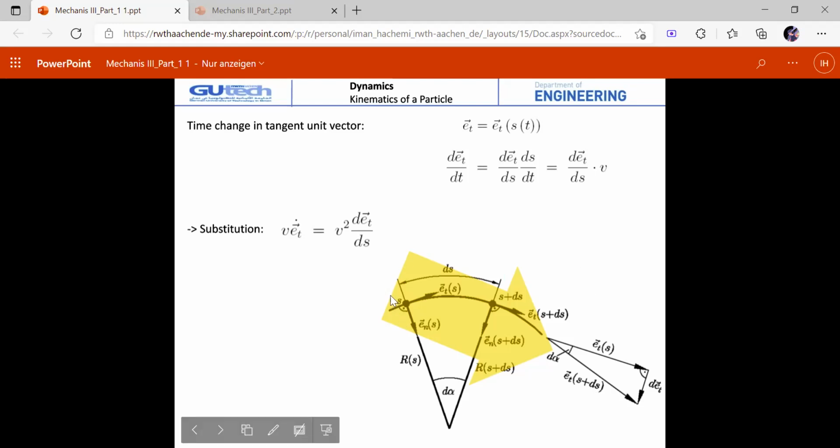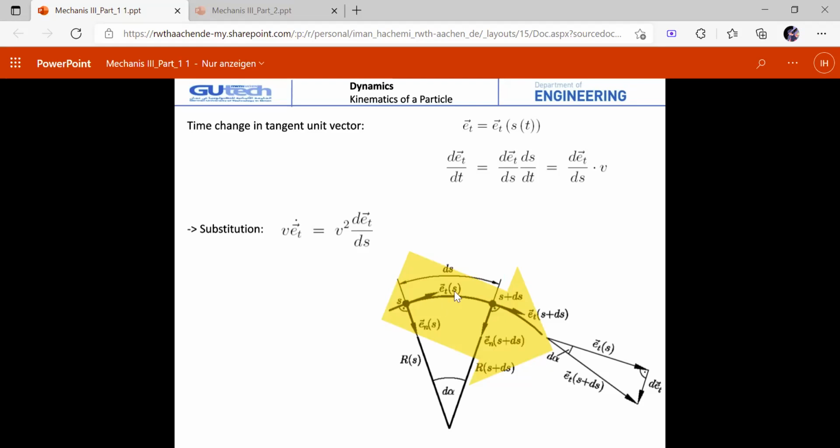If we have circular motion, we have a circle here, for example, and this is the center of the circle. Then we have the angle d alpha from the position t to the position t plus dt.